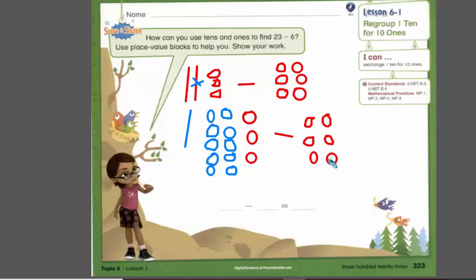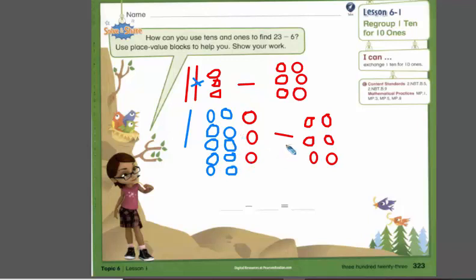Now, do I have enough ones to subtract 6 from? Yes, I have enough. How? If I cross here, how many ones do I have altogether? I have 10 and 3. I have now 13.